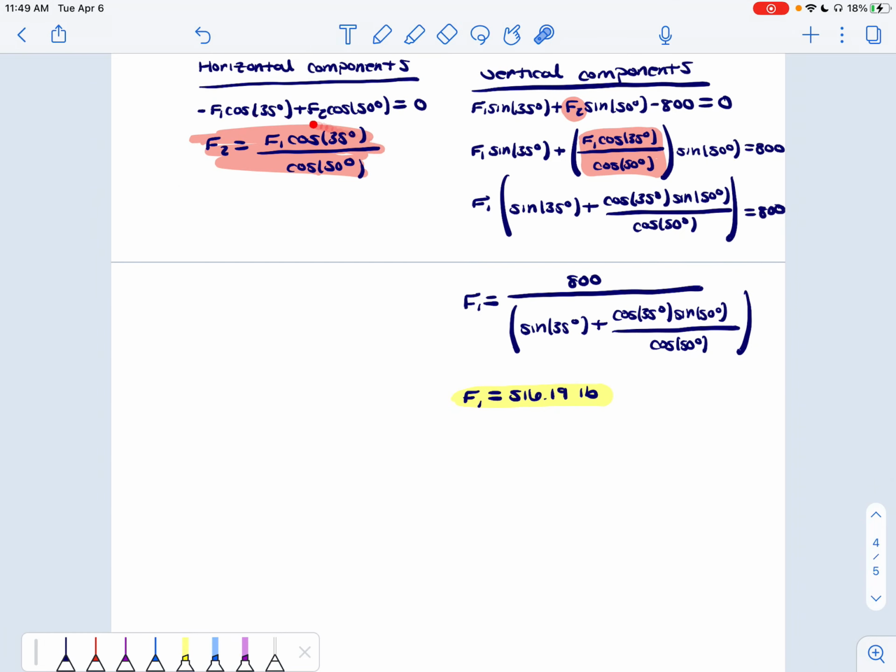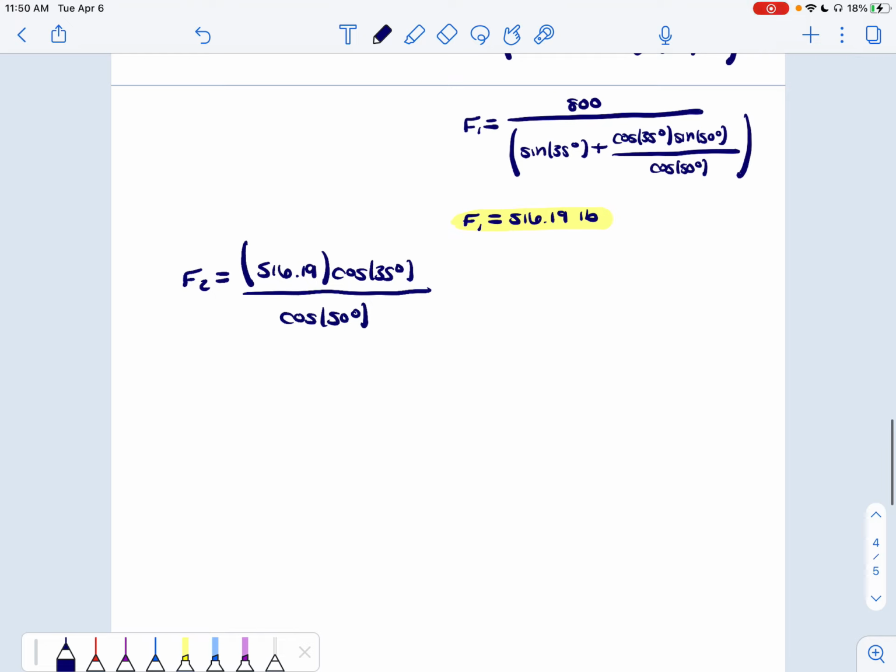Going back up to this equation for F2, we'll have F2 is equal to 516.19 times the cosine of 35 degrees all over the cosine of 50 degrees. Plugging that into our calculator, we get 657.82 pounds is the tension in the cable on the right.